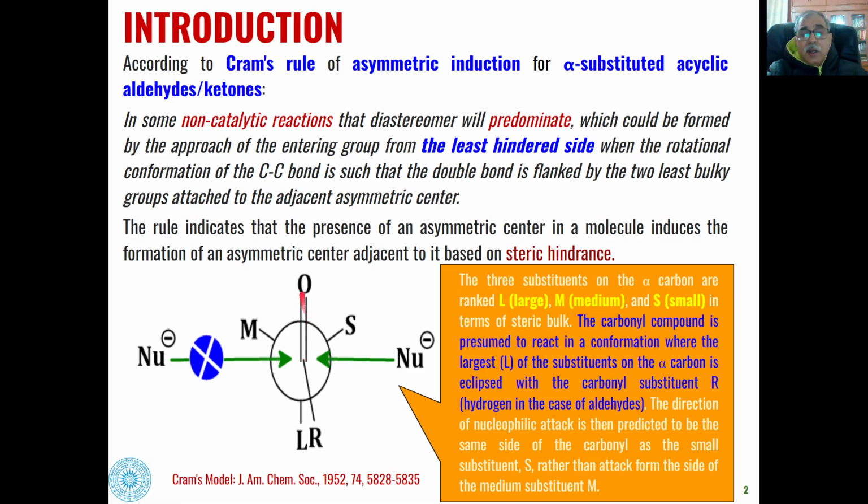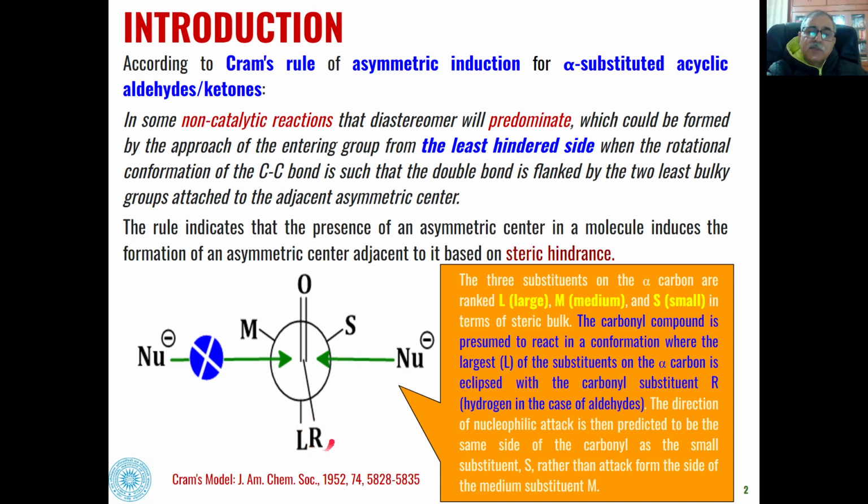In such cases, the carbonyl group is presumed to react in a conformation where the larger group present on the alpha carbon is eclipsed with the R substituent of the carbonyl system.